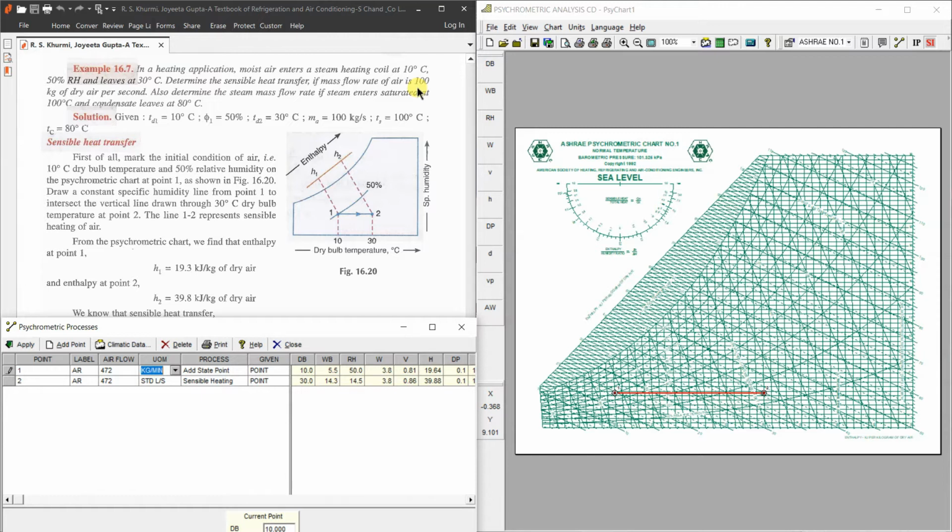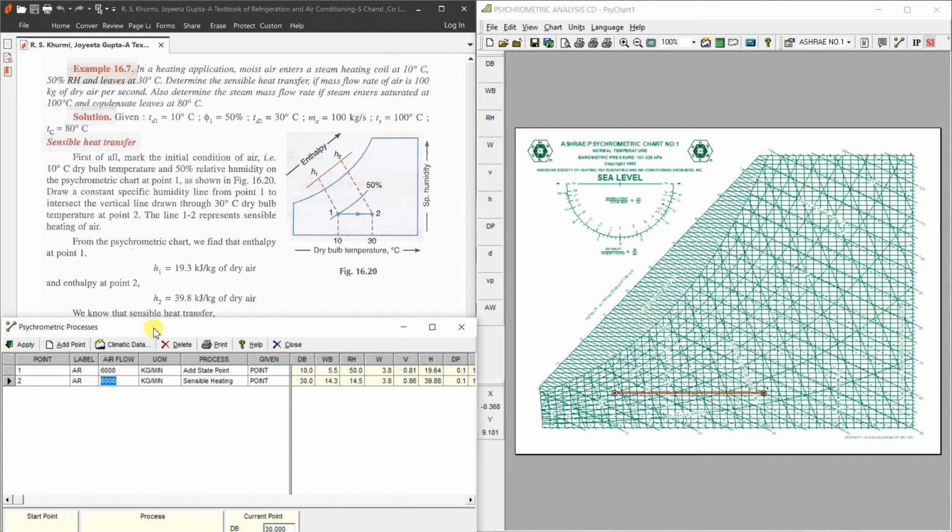So 100 kg per second, how to convert it to kg per minute? Multiply by 60. So 60 into 100, it will be 6000. So you have to select kg per minute, then type here 6000 and click apply. Similarly here also, kg per minute and this value is 6000.